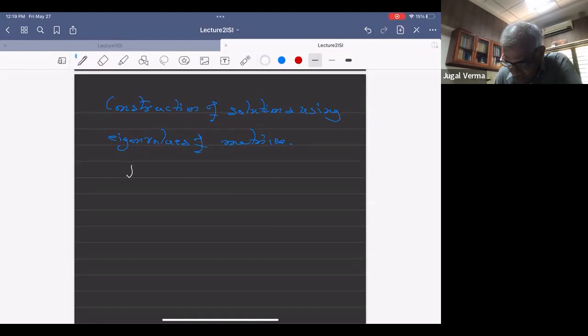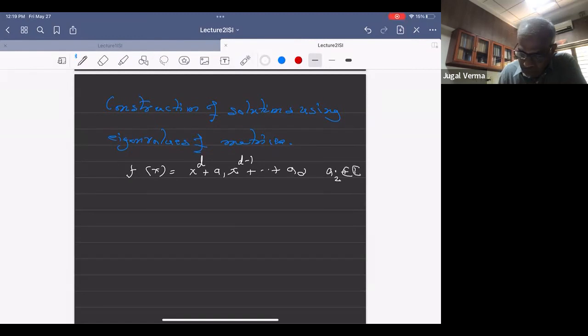So suppose I have one polynomial f(x) equal to x^d plus a1 x^(d-1) plus ... plus ad, where these ai's are some complex numbers, and d is bigger than or equal to 1. To find roots, I can always assume that it's a monic polynomial. I can divide by the leading coefficient and it is not going to change the roots.